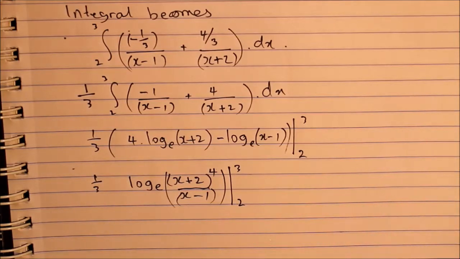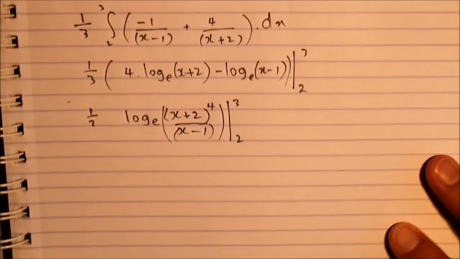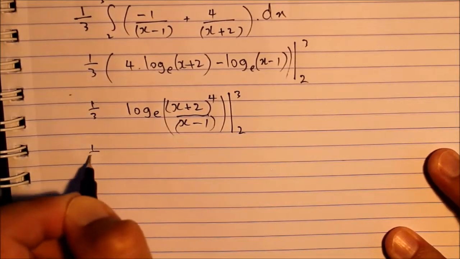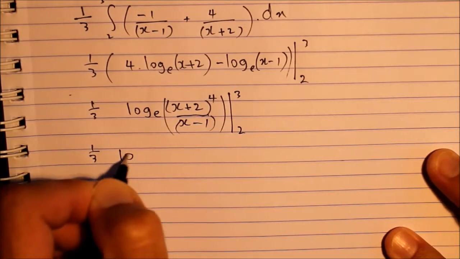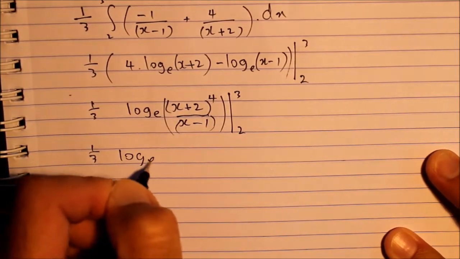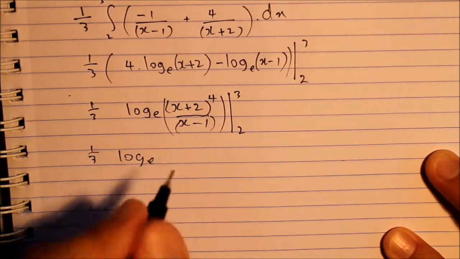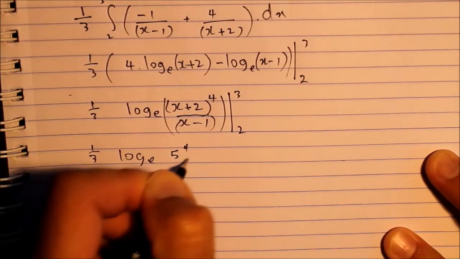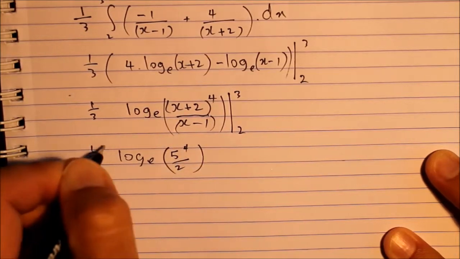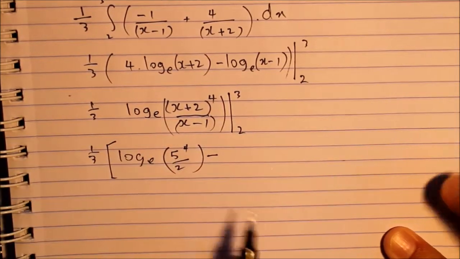Alright, okay, so we've got to evaluate this. 1/3 log base e. Put the 3 in now. It's 5 to the 4 on 2, log 5 to the 4 divided by 2. And make a bracket there, minus.